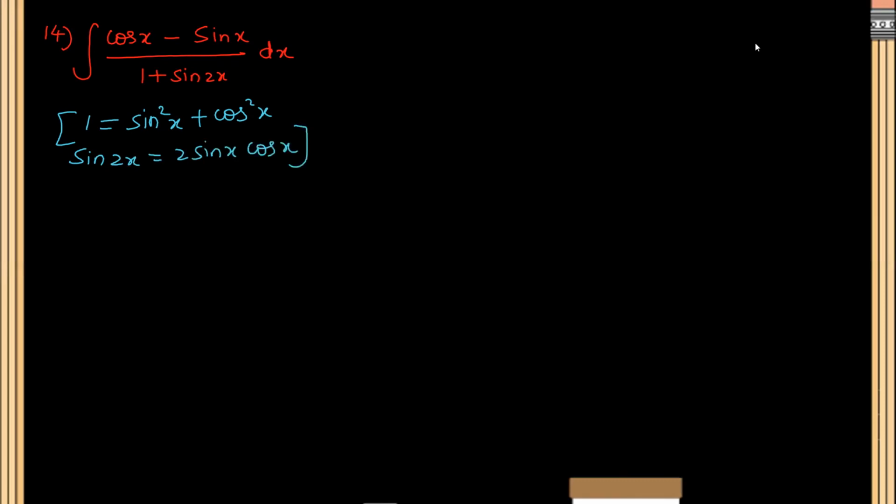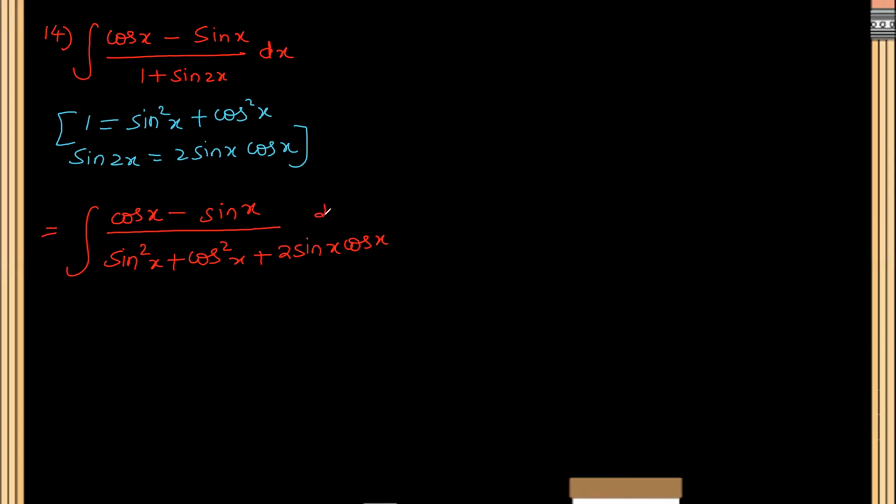Okay, so now the question becomes integral of (cos x minus sin x) divided by, in place of 1, sin square x plus cos square x, and plus, in place of sin 2x, 2 sin x cos x, dx. If you check the denominator part, it resembles the a square plus b square plus 2ab form, isn't it?